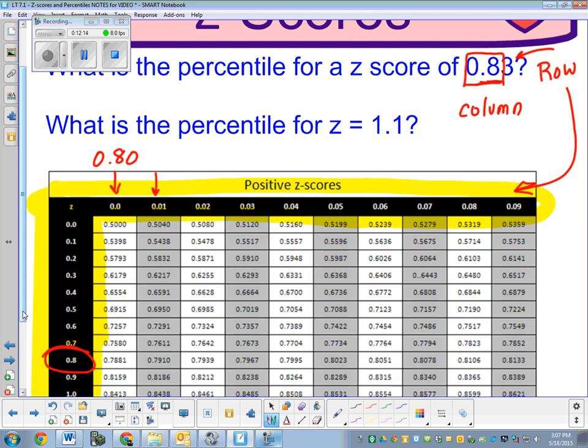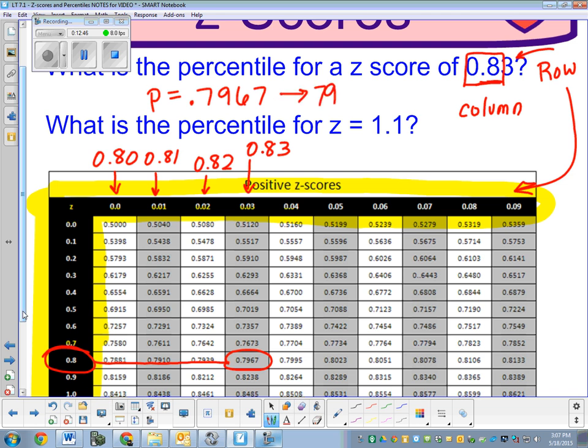The next column would be 0.81, 0.82, and finally, the third column, 0.83. So I'm going to go all the way over to that column and find that value, 0.7967.